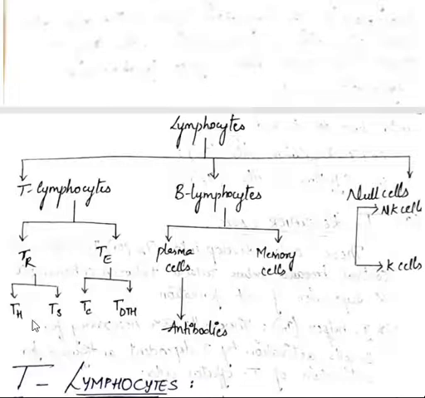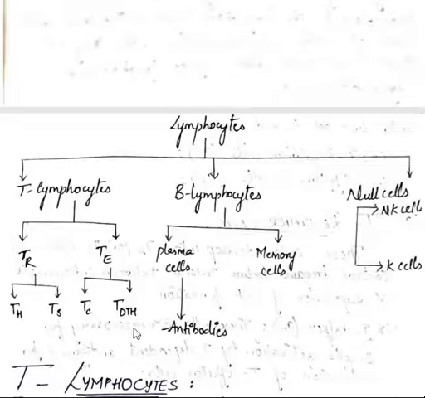And each of these is further classified into two types. T regulator cells are again of two types, that is T helper cells and T suppressor cells. In the same manner, T effector cells or effector T cells are again of two types, that is T cytotoxic cells and T delayed type hypersensitivity cells.